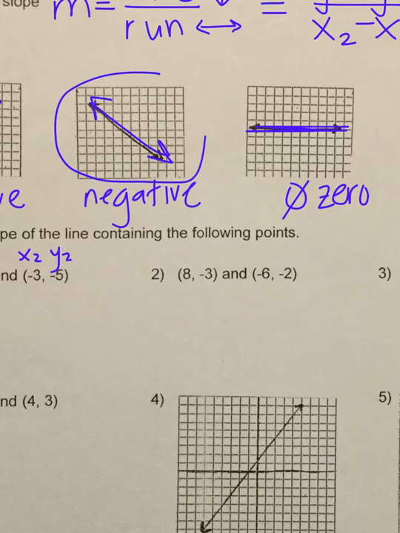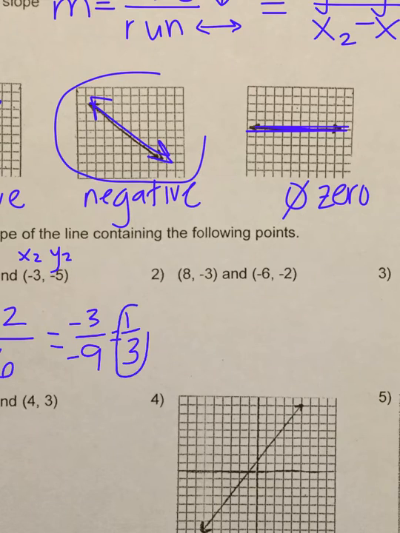So, negative 5 minus negative 2 over x2, negative 3 minus x1. When you subtract that in your calculator or in your head, you get negative 3 over negative 9. That reduces to 1 over 3. That's a happy slope. I would rise 1 and run 3.